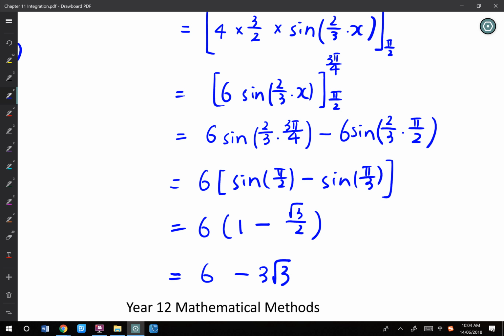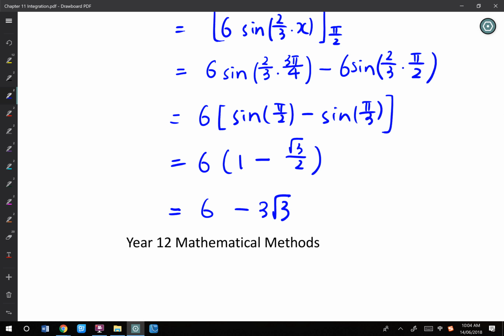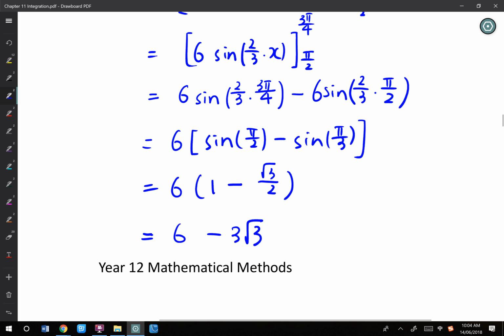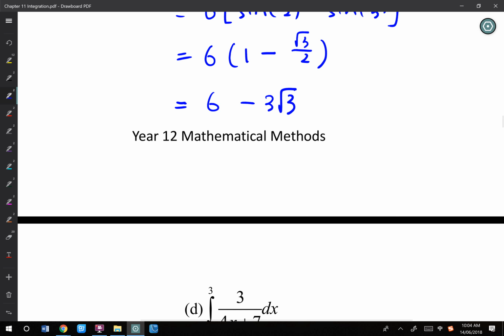If you want to remember things, it's through practice. Don't just stare at the questions, or go back to find the answers from somewhere you already have them. That's another way you can practice remembering trig values. I know it's hard, that's why I tell you a lot of ways to remember that. So for that one, the area will be 6 minus 3 root 3.